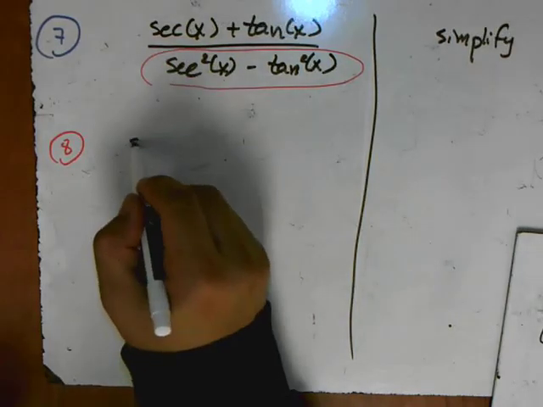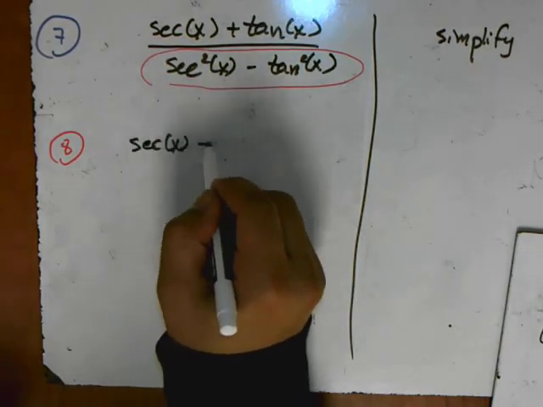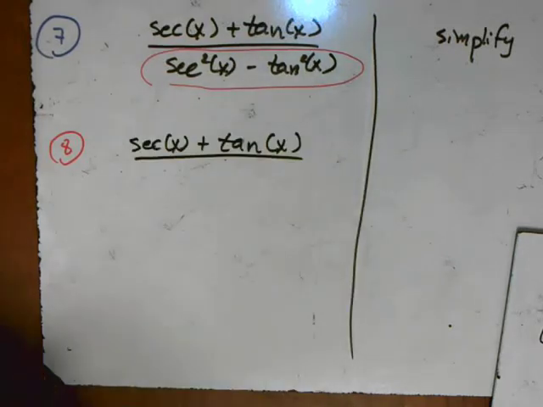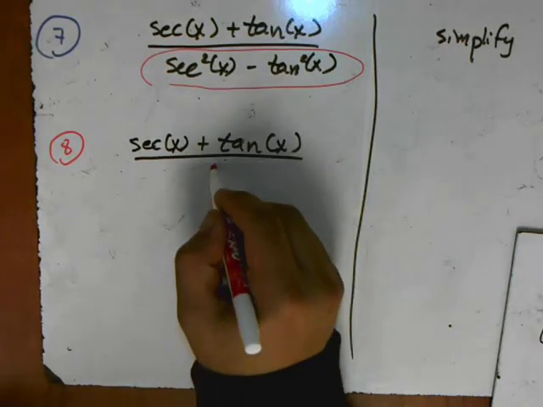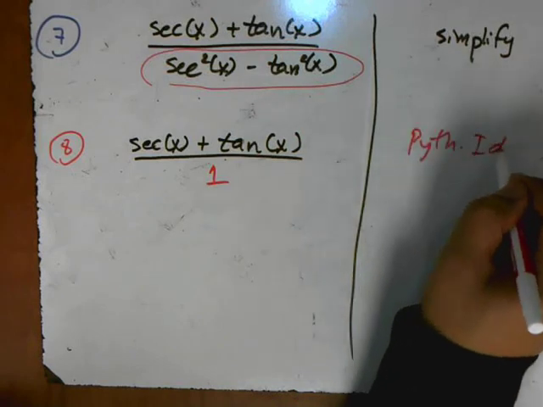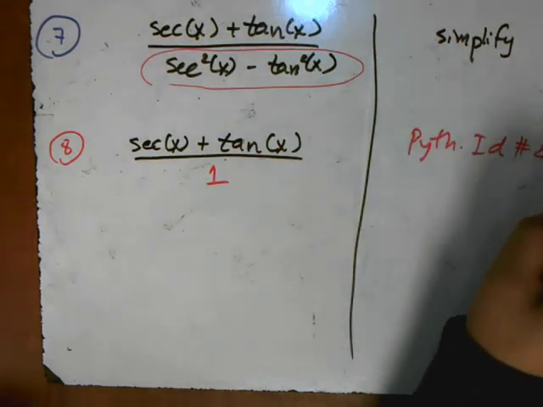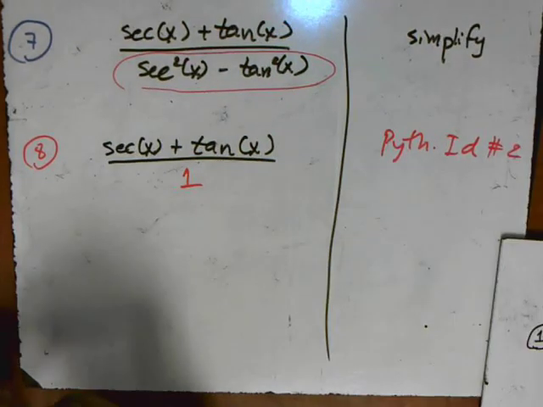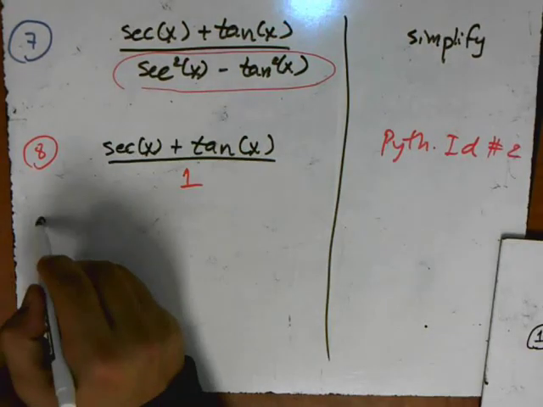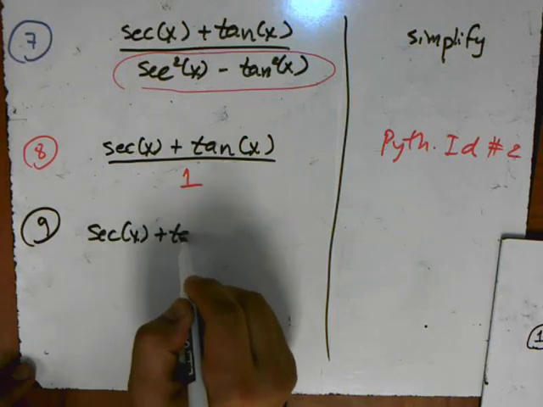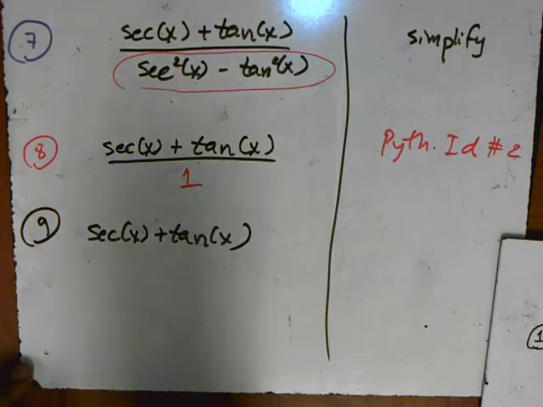Okay, so I have secant of x plus tangent of x divided by 1. And my reason here is the second Pythagorean identity, Pythagorean identity number 2. And then, of course, this all reduces down to secant of x plus tangent of x.